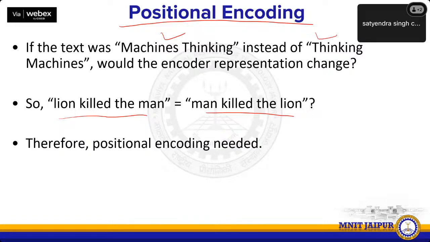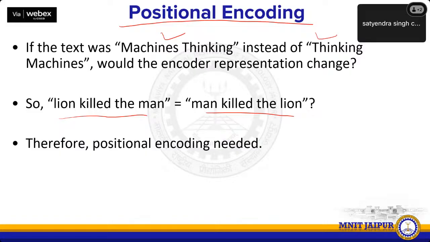Let me give you a simple idea. What we do is use sine and cosine functions: for the even positions in the word embedding we use sine, and for the odd we use cosine.